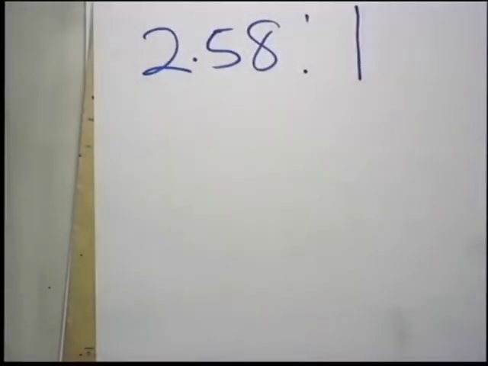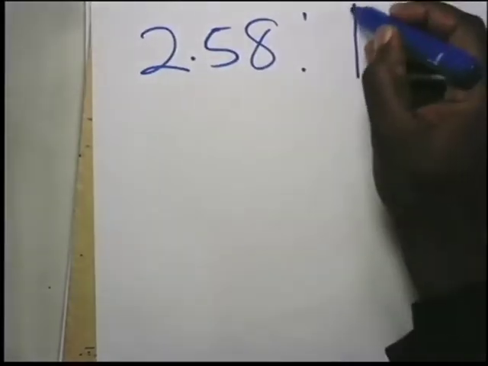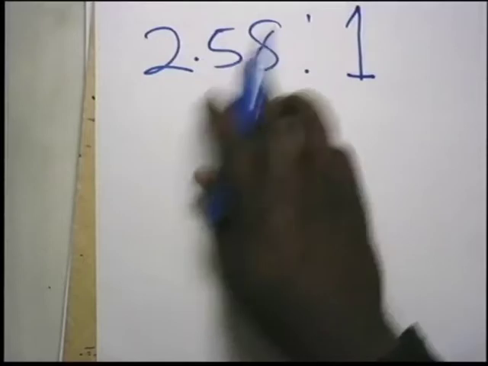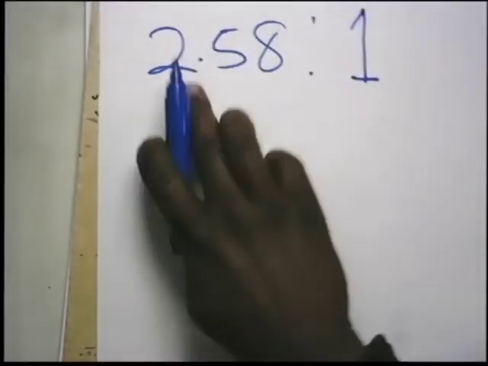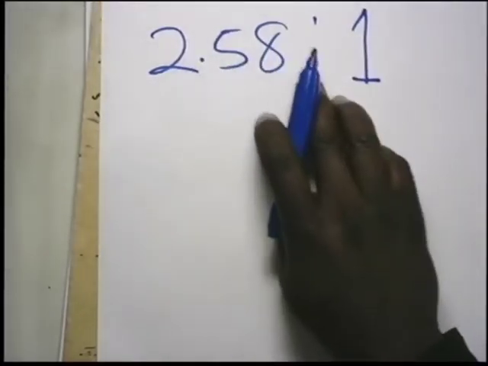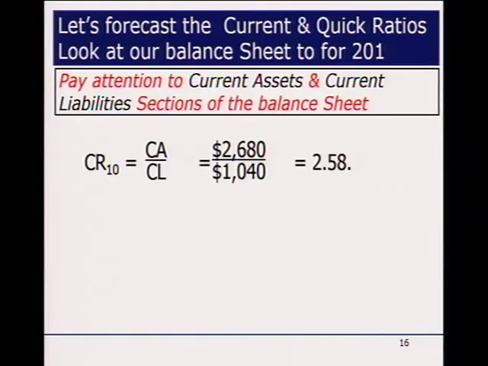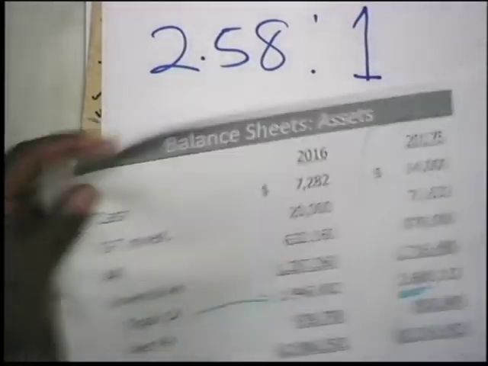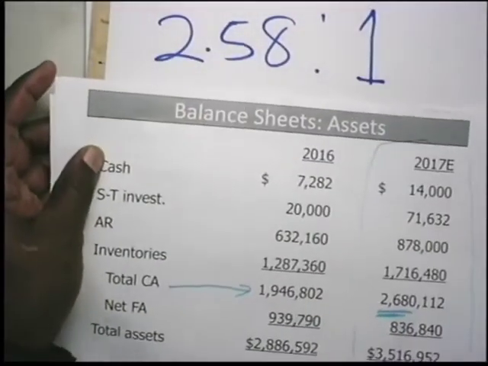That's what it means. It could have been 3, it could have been 2 is to 1. This time around, it's 2.58 is to 1. But we can simply write it as 2.58.